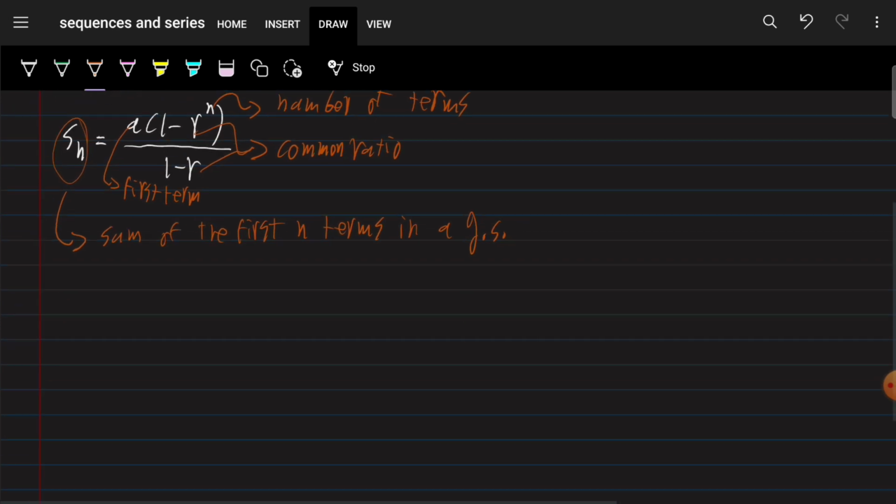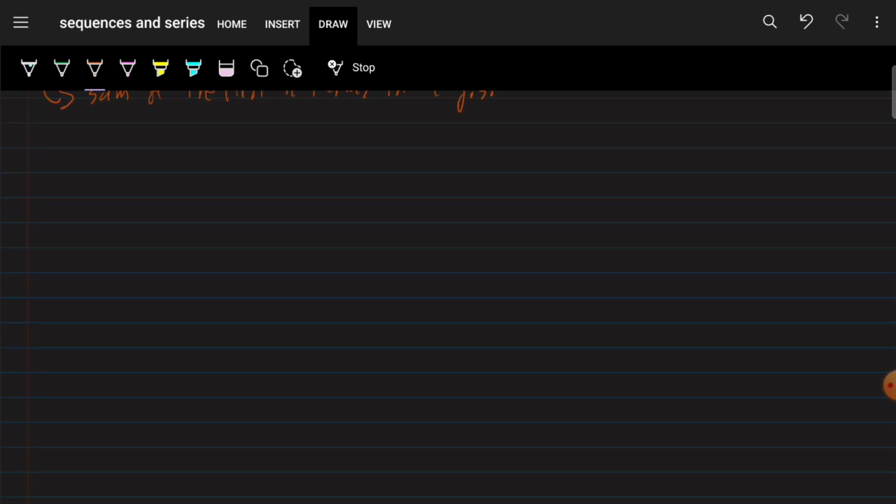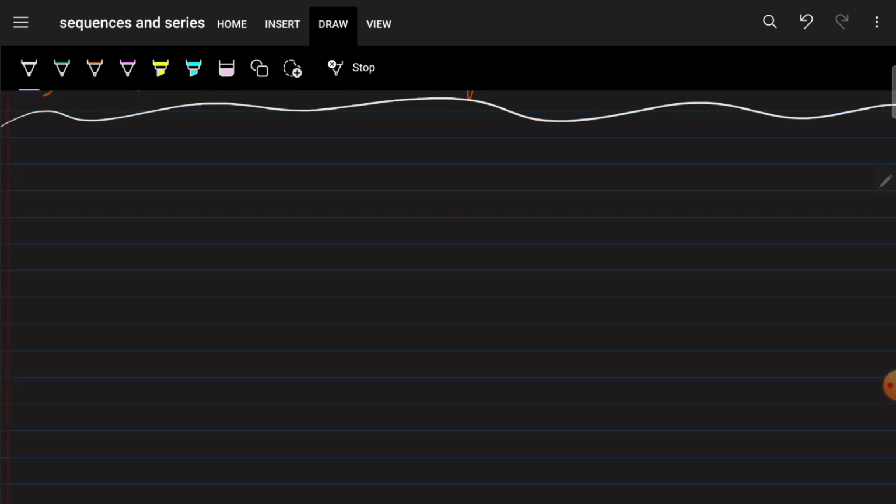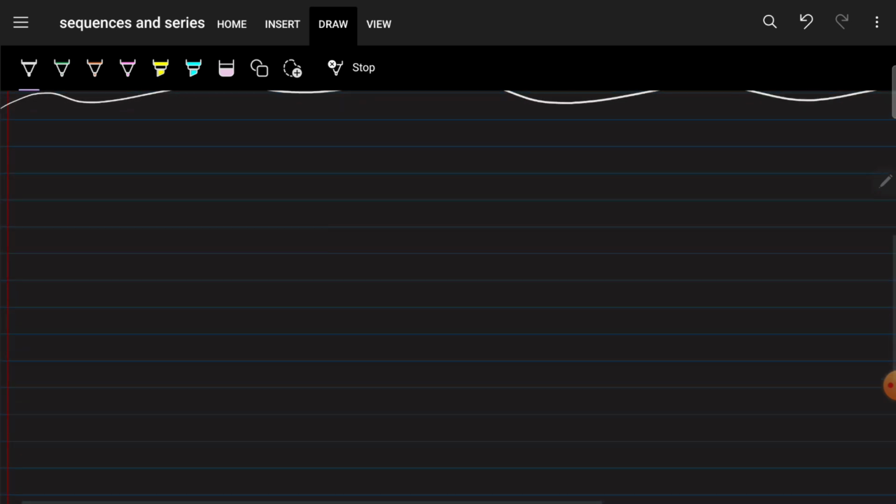Now, one thing to note is that you might see different variations of that same formula. There's actually 2 variations, like I talked about earlier. One is this, a(1 minus r to the n) over 1 minus r.